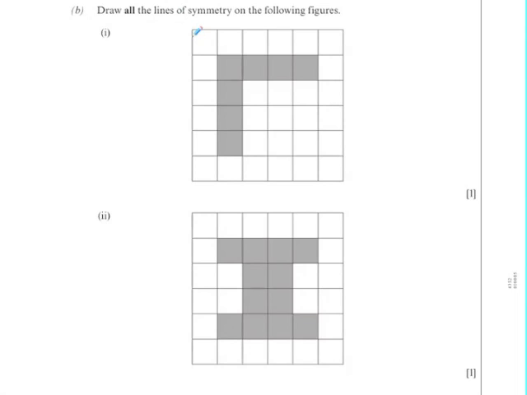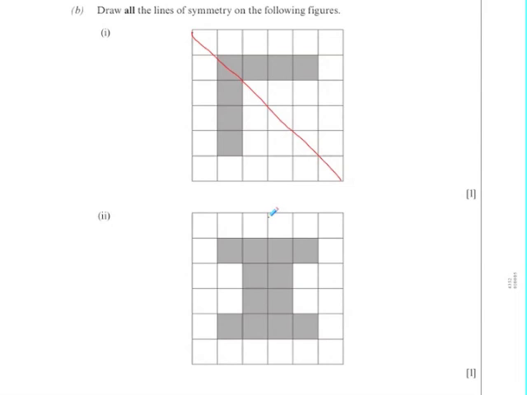In this case, if you place a mirror here, you've got a line of symmetry. In your case, you'll actually use a ruler when you do this, won't you?